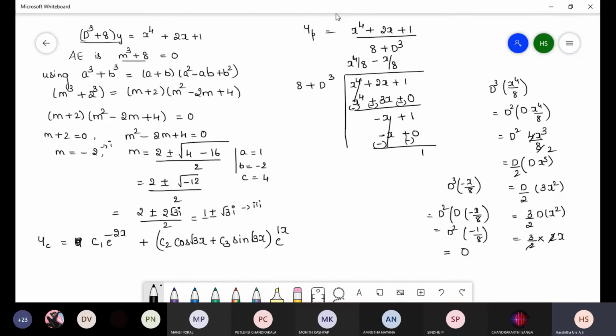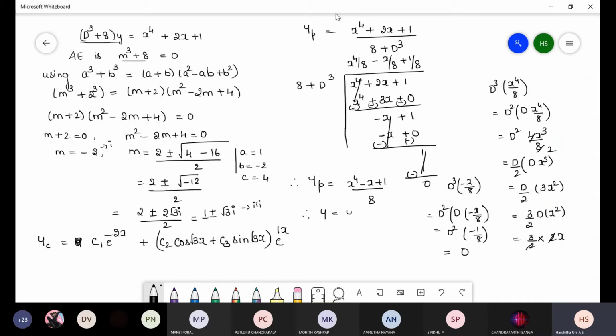So to get 1, we have to multiply 8 with 1 by 8. So 8 by 8 is 1. So again write here 1, 0. The other two will be 0 because differentiation of a constant is 0. Therefore, yp is equal to (x power 4 minus x plus 1) divided by 8.